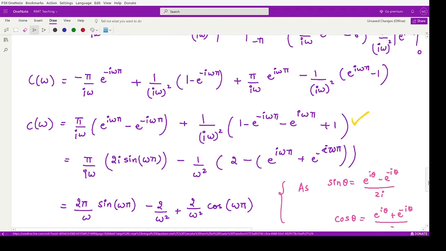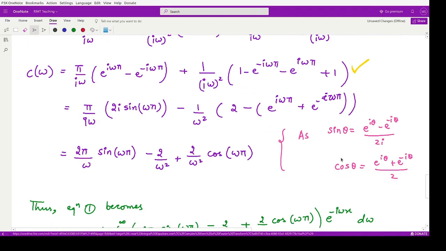So now you know these two terms. One is sin theta, that is e to the power iota theta minus e to the power minus iota theta divided by 2 iota, and the second term is cos theta, that is e to the power iota theta plus e to the power minus iota theta divided by 2.